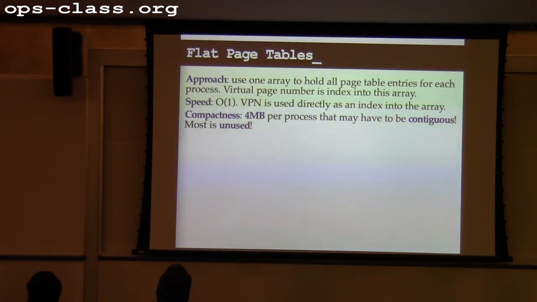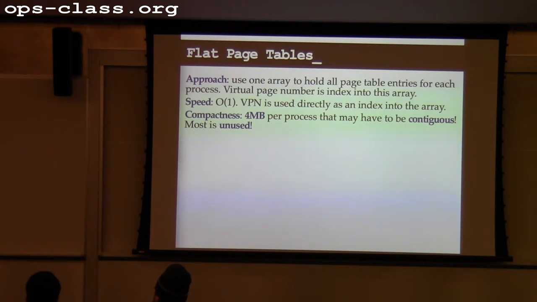And then here's the other thing that's interesting that we talked about before. We said the nice thing about our 4K pages was that we had no external fragmentation. But in certain cases, the kernel can actually access physical memory directly. It has some sort of direct mapped access to physical memory. For example, on OS 161, where you put kernel data structures, they actually do have to be contiguous.